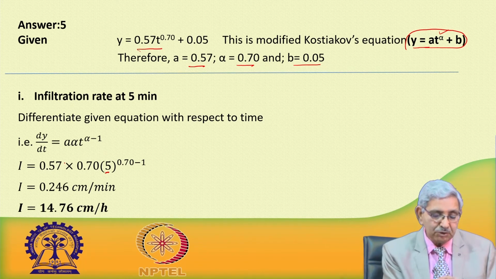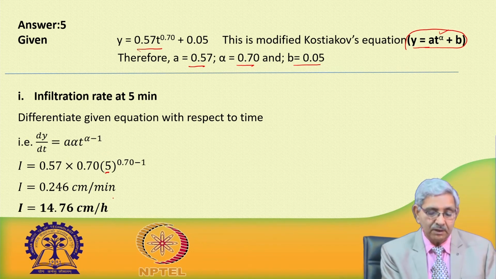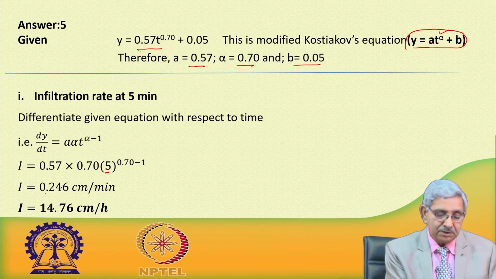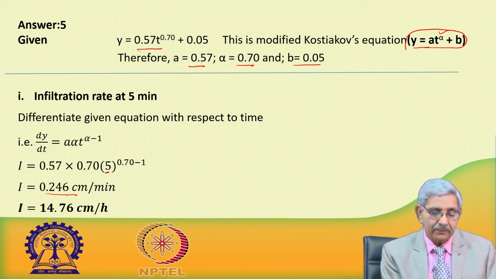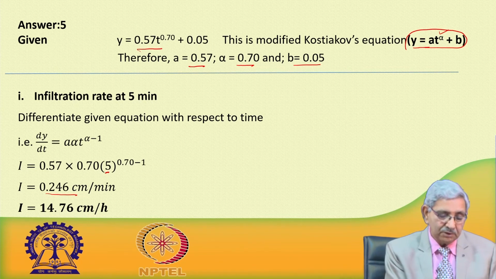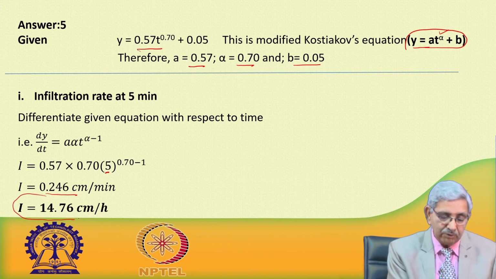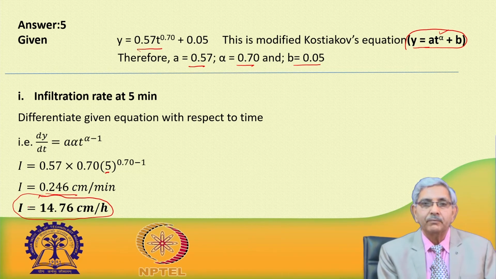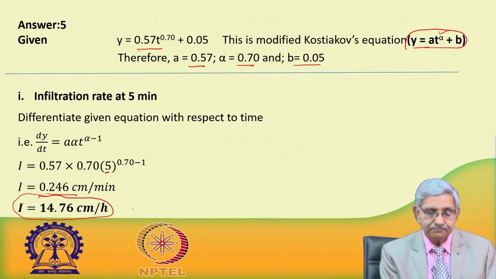When we solve this equation, the rate of infiltration at 5 minute interval comes as 0.246 centimeter per minute. This can be converted to centimeter per hour, so I equals 14.76 centimeter per hour. So, this is for 5 minute elapsed time.